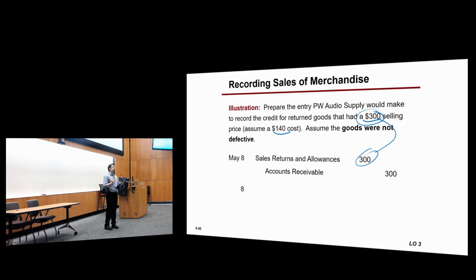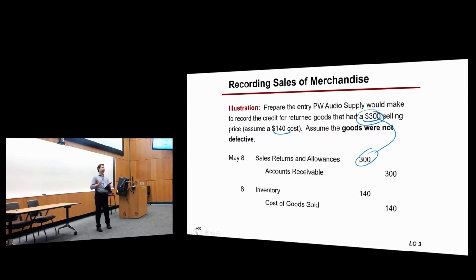When you talk about revenues, you're talking about selling price. Okay? So in this case, we know that inventory has increased by 140. So we debit inventory, 140. What do you credit? Yes. Cost of goods sold. Now, you recognize less expenses, because basically, it's as if you did not sell those products.